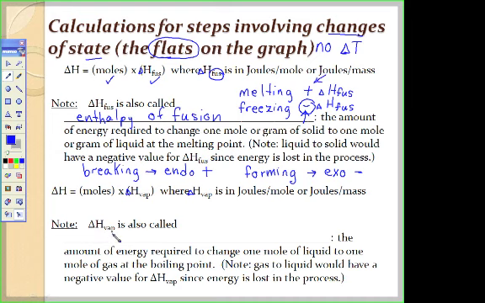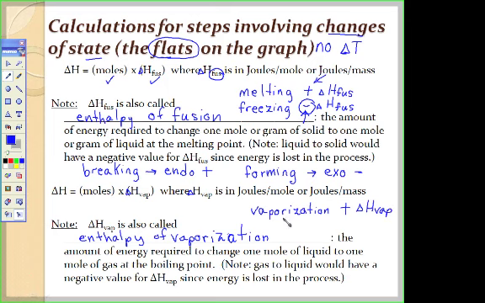Now we have a similar thing for vaporization. It's called the enthalpy of vaporization. It's just the joules per mole. And again, it's going to be positive for vaporization because you're breaking intermolecular forces that requires energy, so you'd take that value with a positive.